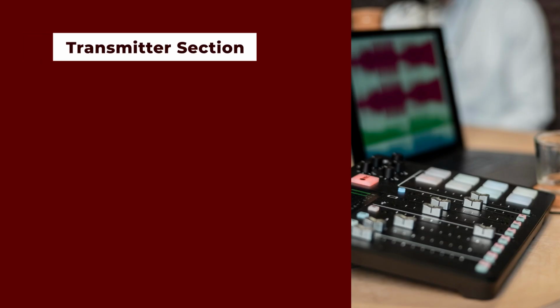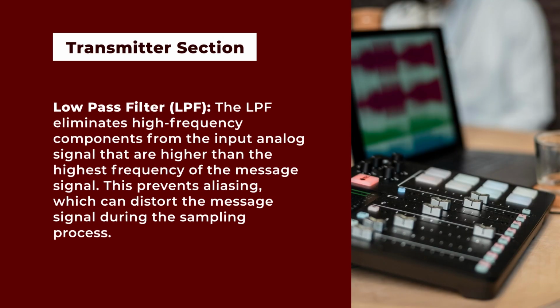The transmitter section of a pulse code system includes the following components. The first component is the low pass filter, which is shortly called LPF. Then next is the sampler, then third is the quantizer, then the encoder. Now let's discuss the first component, that is the low pass filter.